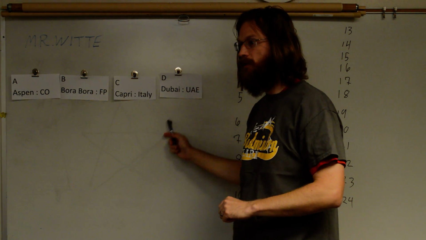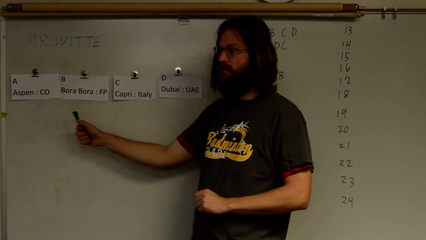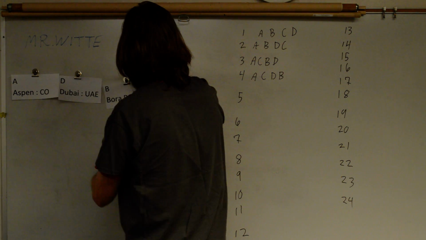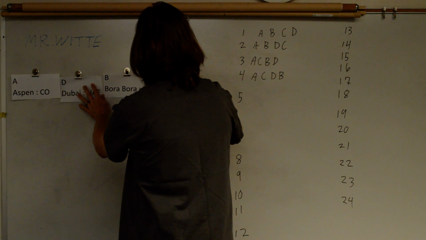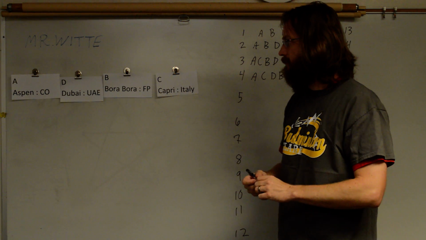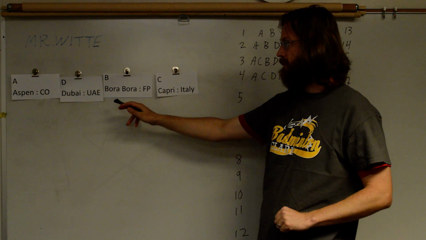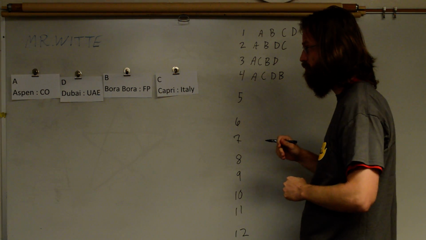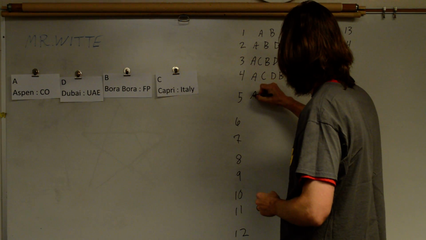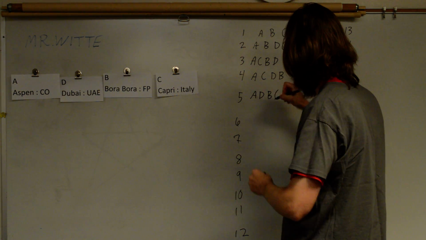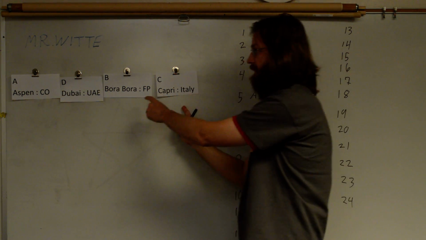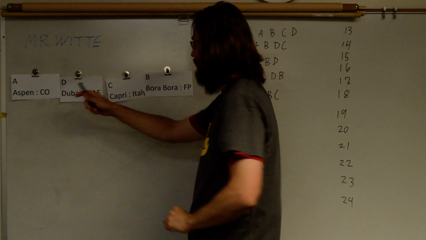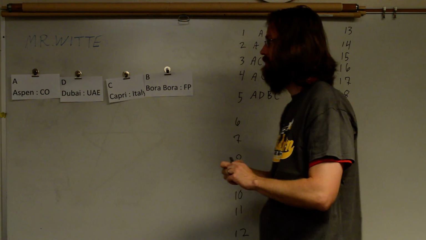So now I'm going to put D in the 2nd spot. So now we got Aspen, Dubai, Bora Bora, and Capri. So that would be A, D, B, C. And then switch the last 2. So A, D, C, B.